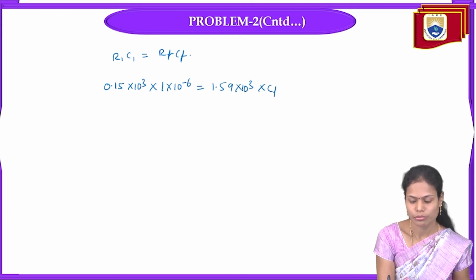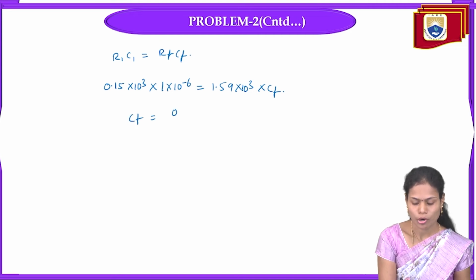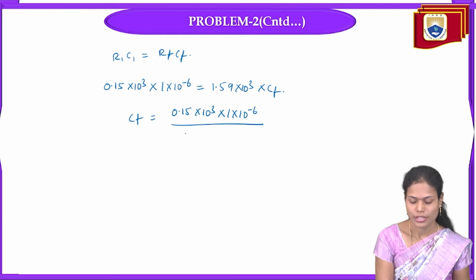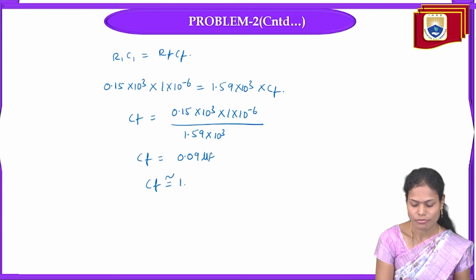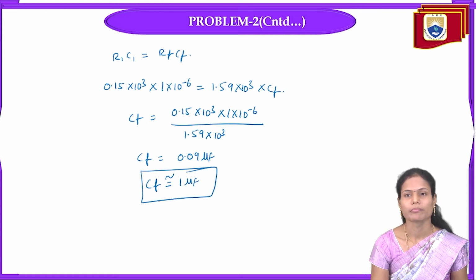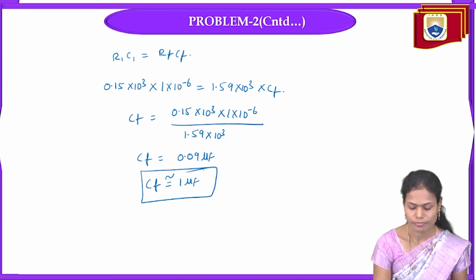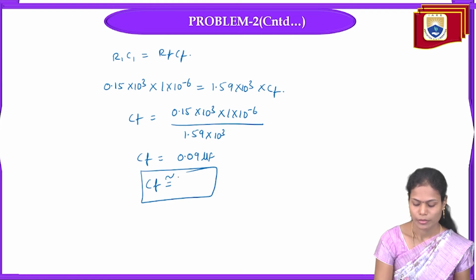So CF is 0.15 into 10 power 3 into 1 into 10 power minus 6 divided by 1.59 into 10 power 3. If we simplify this, we get 0.09 microfarad, and approximately I can write it as 0.1 microfarad.